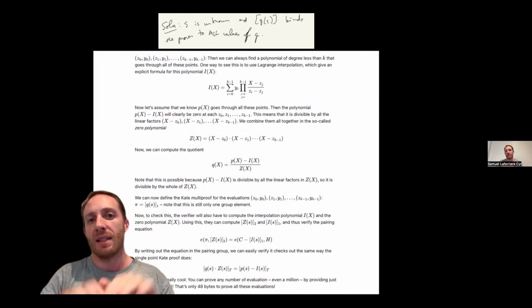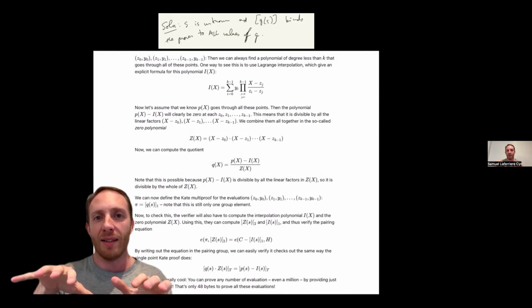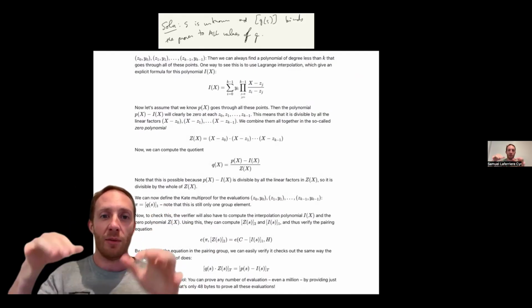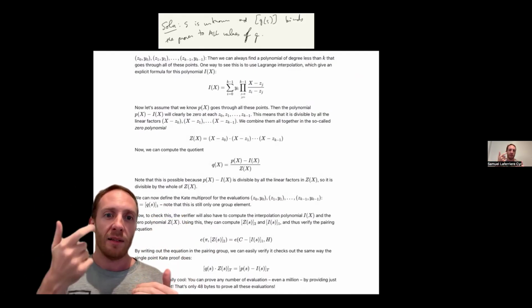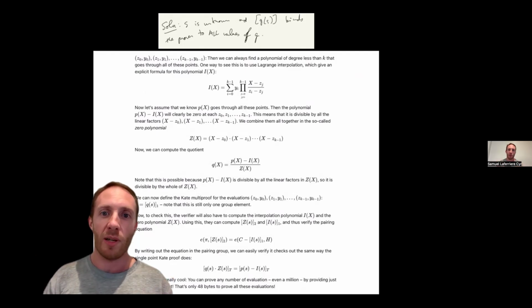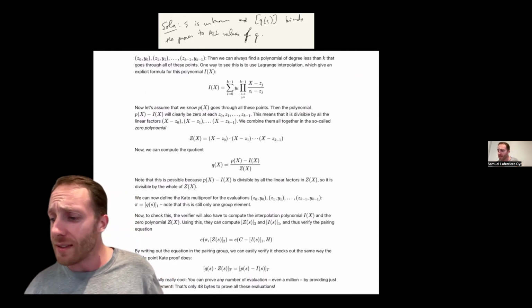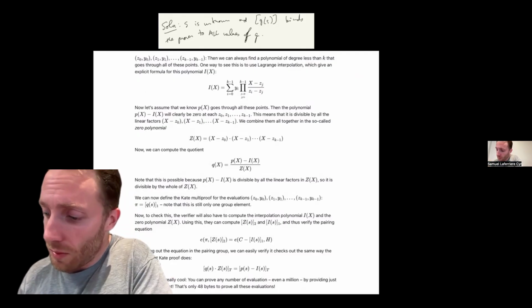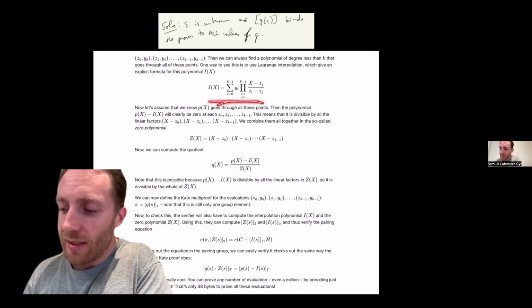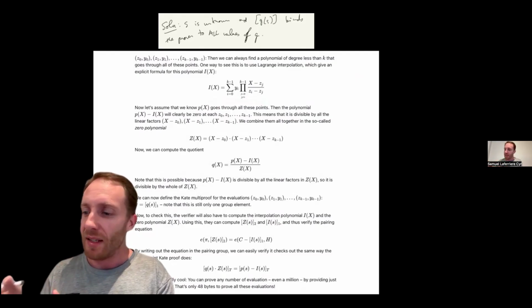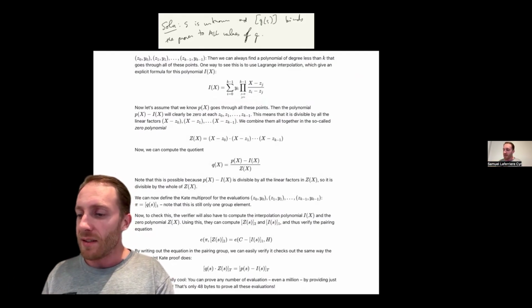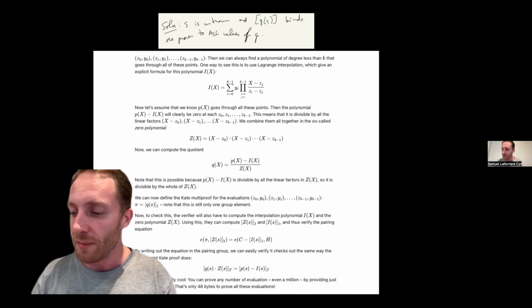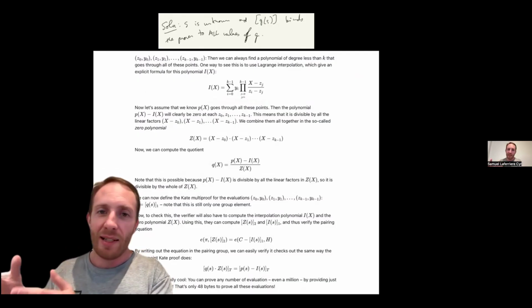But the idea is the same: you divide the polynomial by this other polynomial that reduces its degree by the number of elements you're trying to reveal. Let's see what this is. This is actually very, very simple stuff. If you've never seen it, it's worth finding a video on YouTube or something, but written like this it is very scary.